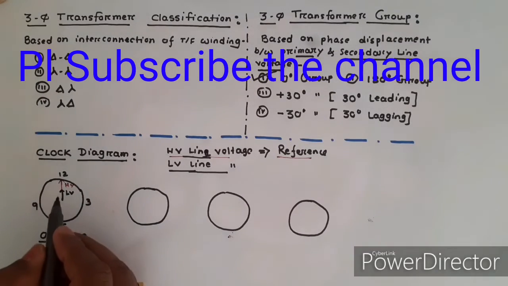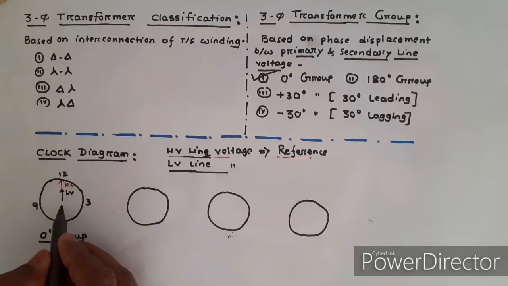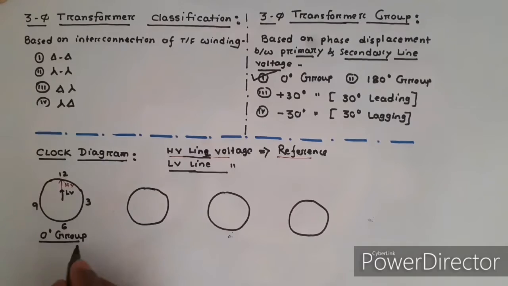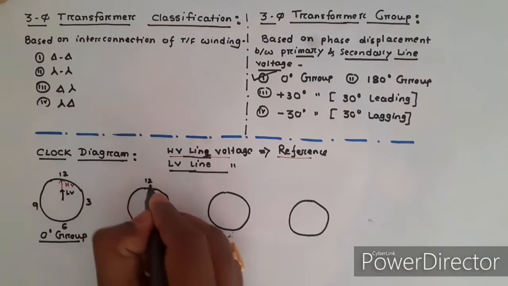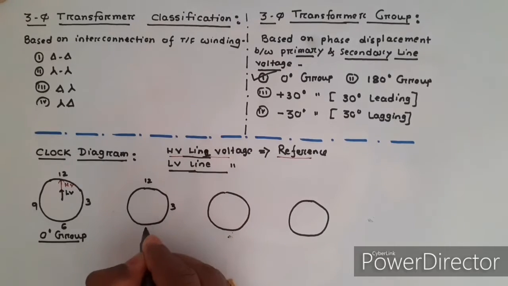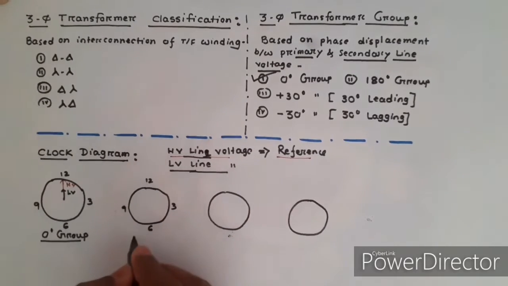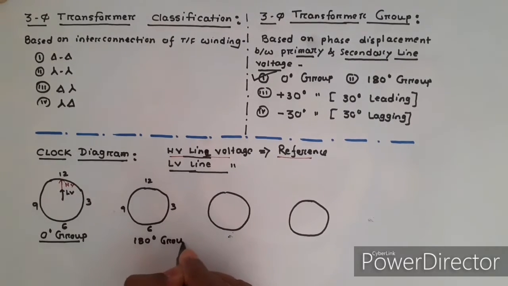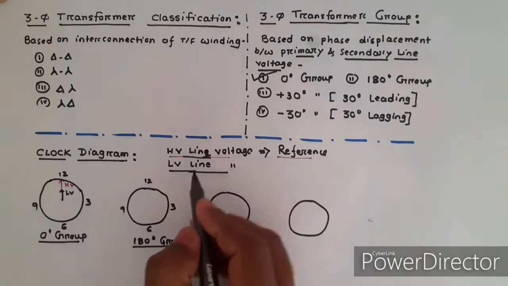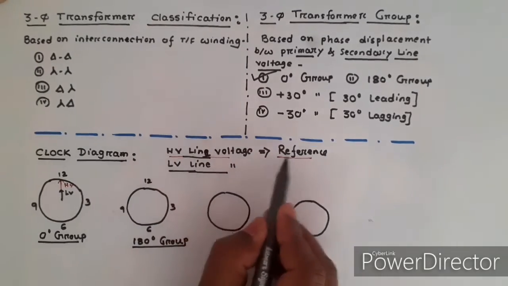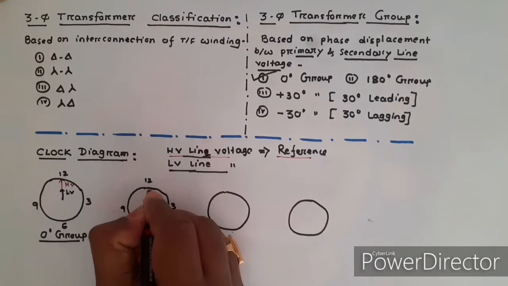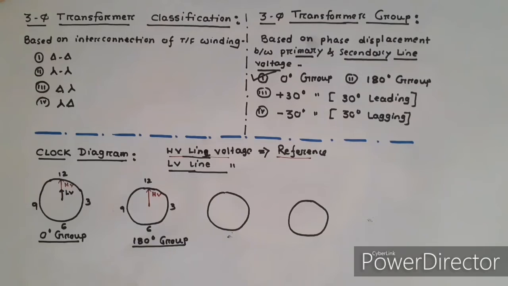That means if the HV line voltage and LV line voltage are in the same phase, then it is called 0 degree group. Again, this is 12 o'clock, 3, 6, 9 o'clock. This is 180 degree group. Again, HV line voltage is the reference and it is along the direction of 12 o'clock.